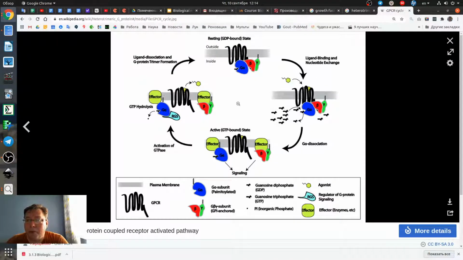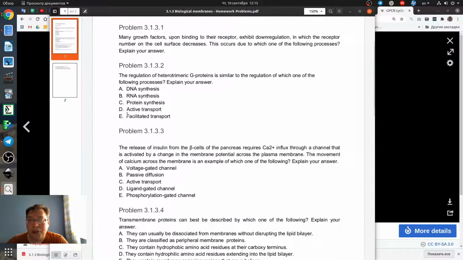Regulation is a movement inside the membrane. They don't change activity of DNA synthesis or RNA synthesis, but they are very similar to active or facilitated transport. I prefer facilitated. Active transport is using of energy.